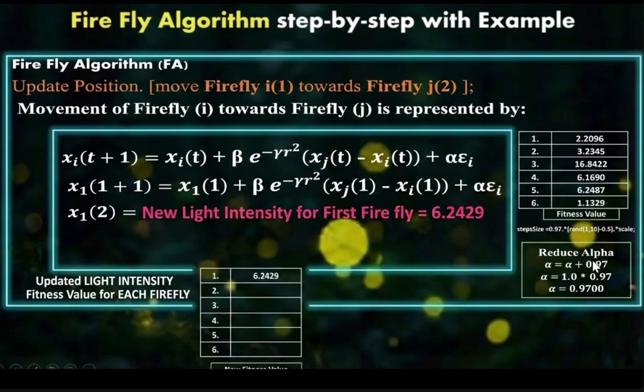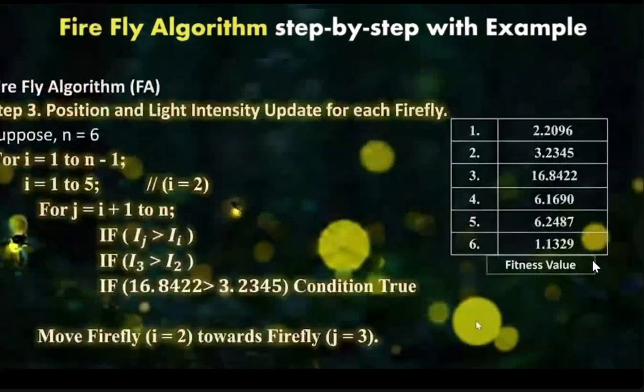In the next slide, we see the position and light intensity update for each firefly, and like we discussed in step 4, we iterate through it and check the condition: if firefly j is brighter than firefly i.